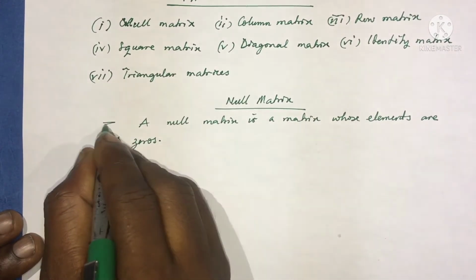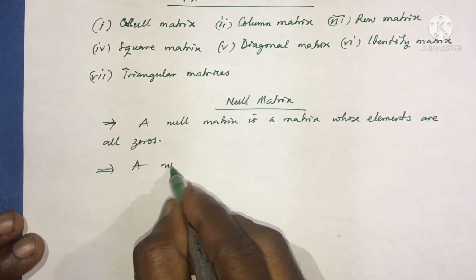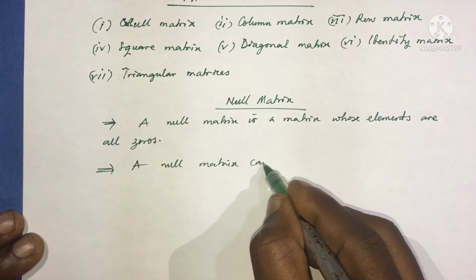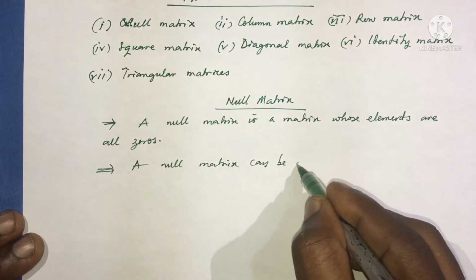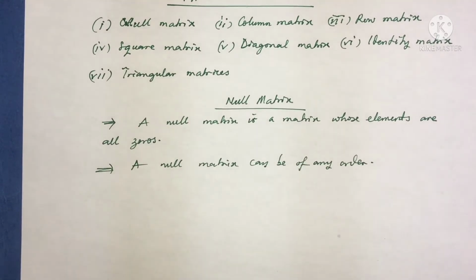Point number 2 to note about it, apart from its definition, is that a null matrix can be of any order. It can be 2 by 3, it can be 4 by 5, it can be this, it can be that. So a null matrix is a matrix whose elements are all zeros, and that is what makes it a null matrix.